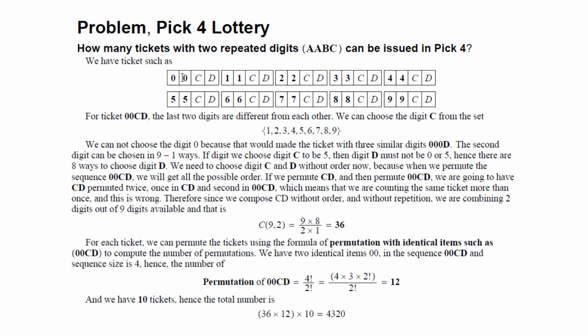And for all these sequences, which are 10 sequences, the possible outcome is 36 times 12 times 10. And now we get the number 4320, and that is the number of tickets with 2 repeated digits in the form AABC.